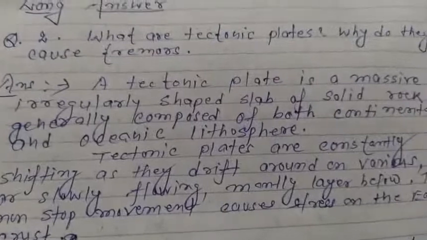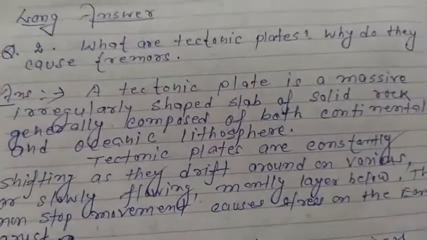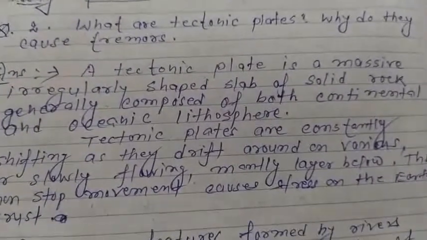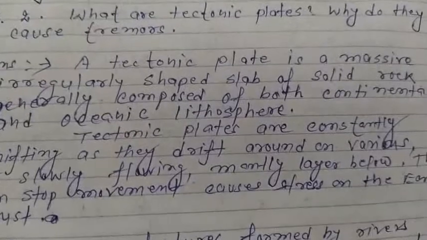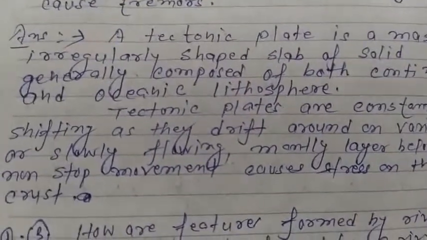The solution is: a tectonic plate is a massive, irregularly shaped slab of solid rock, generally composed of both continental and oceanic lithosphere.